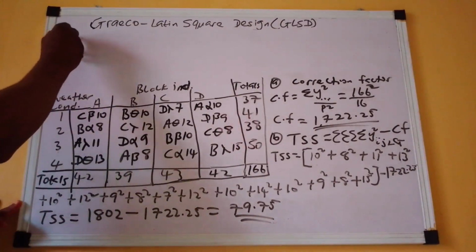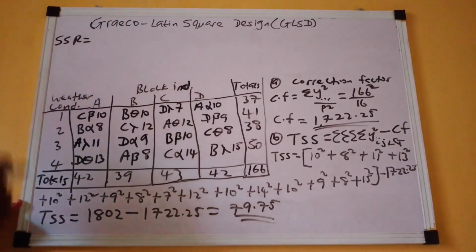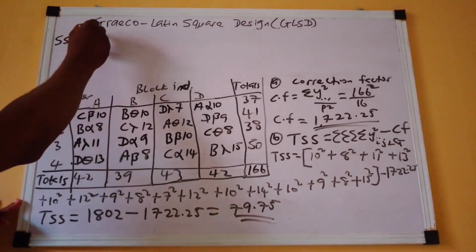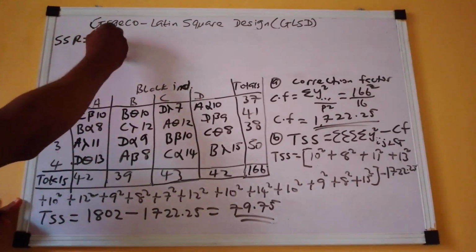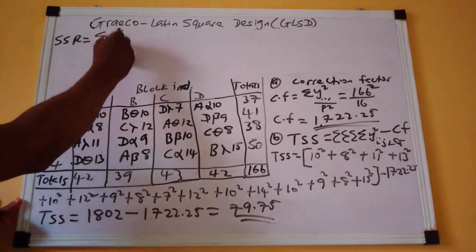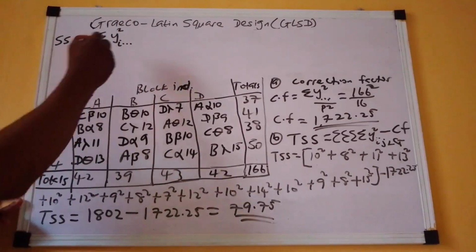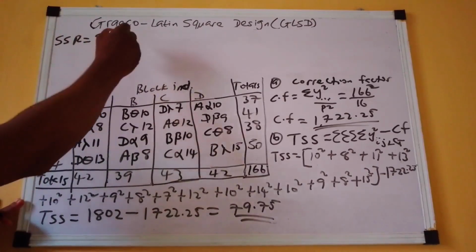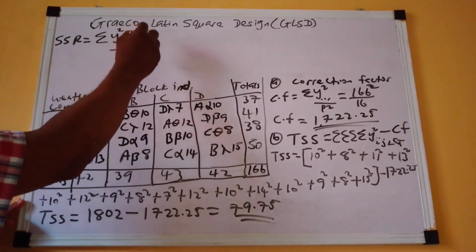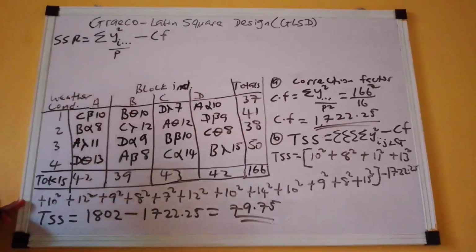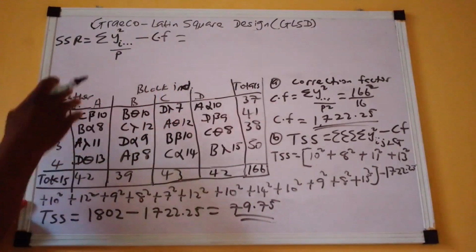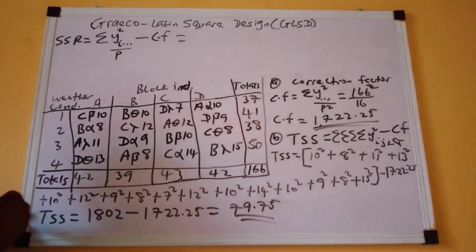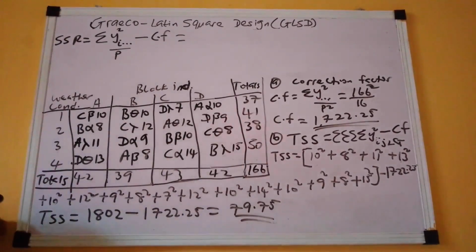So our SS row will be equal to summation, you know the row is I, so it will be y square I dot all over P minus the correction factor.